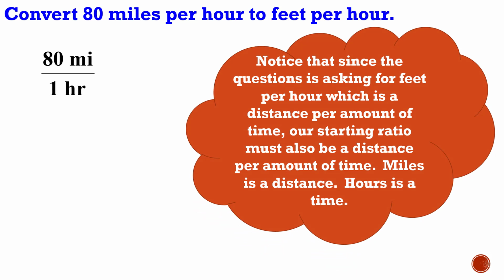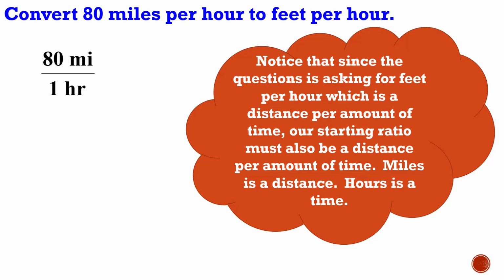Notice that since the question is asking for feet per hour, where feet is a distance, and hours is an amount of time, our starting ratio must also be distance over time. That's the only way that we'll multiply by a conversion factor and end up with a solution that's distance over time.